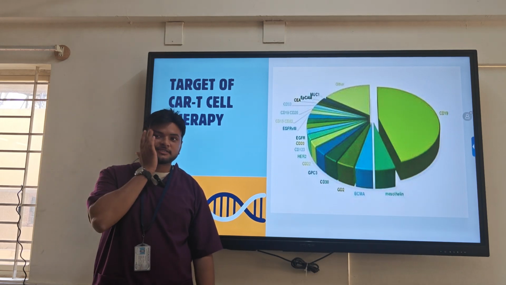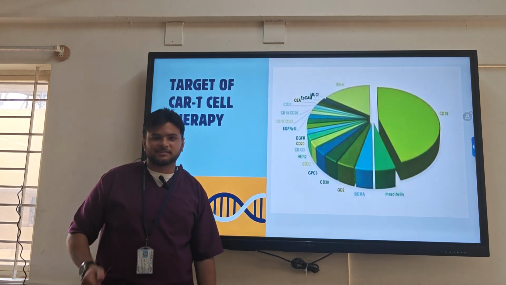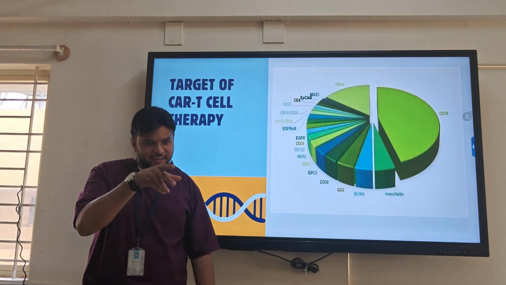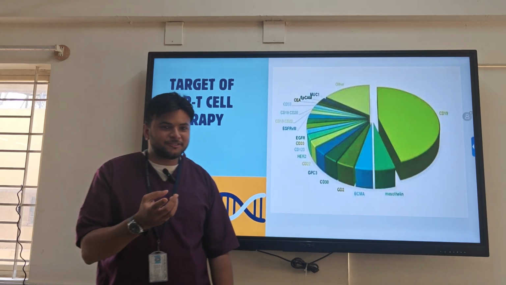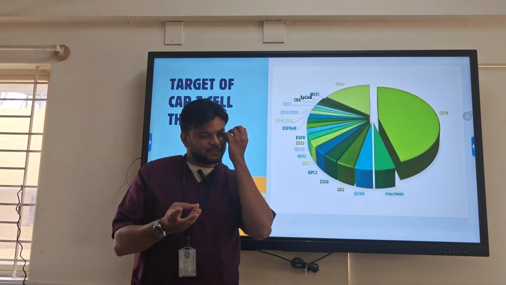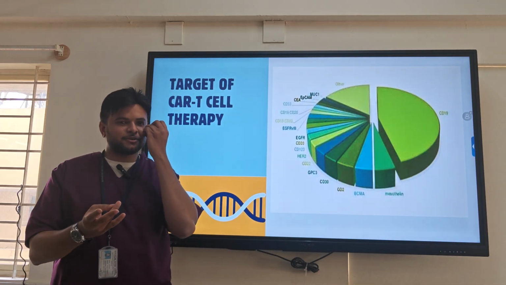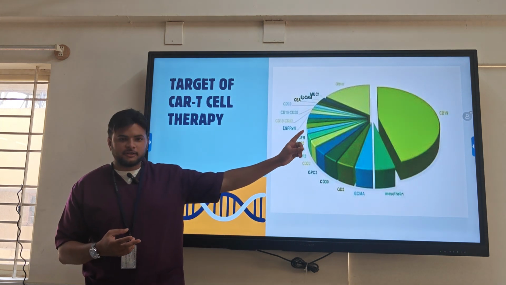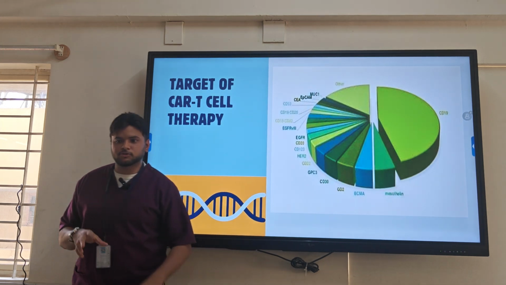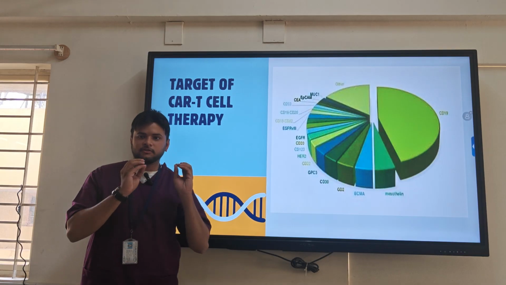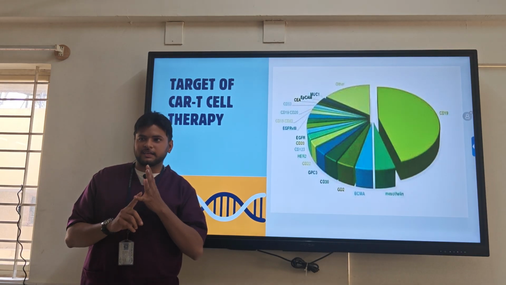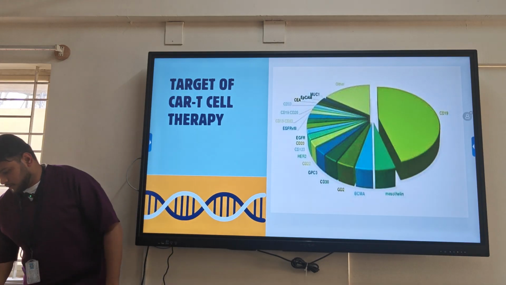ALL, acute lymphoblastic leukemia, and CLL, chronic lymphocytic leukemia, are where we find this sort of receptor, CD19. So now you got the point that this therapy will be effective on ALL and CLL.